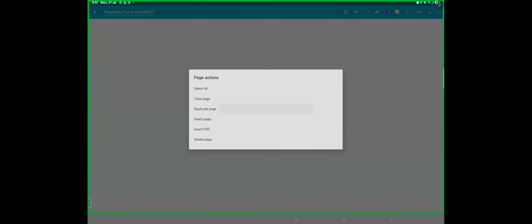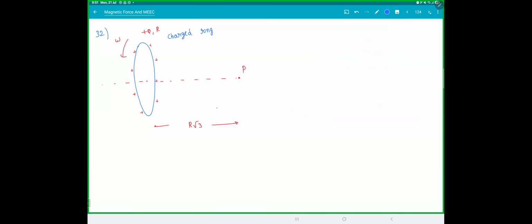Hope everyone remembers the formulas for electric field and magnetic field. First of all, what is a current? Current is nothing but charge Q by 2 pi by omega. So the electric field is given by KQ, x is R root 3, by r square plus x square.